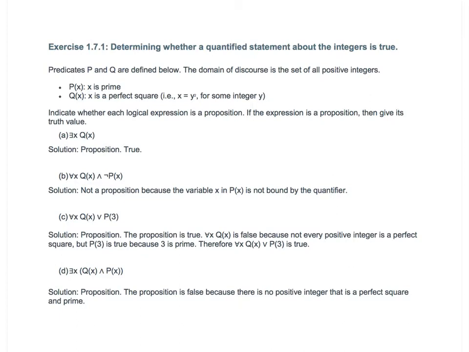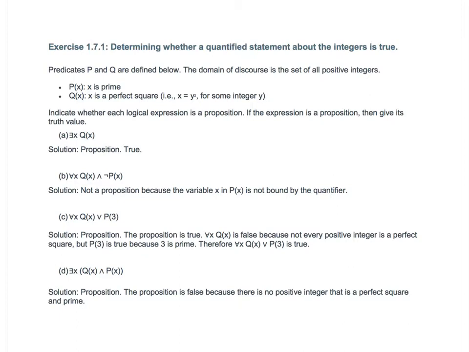So we have a disjunction of two propositions. The left-hand side proposition, which is a universally quantified statement, is false. The right-hand side proposition is obviously true because 3 is a prime number. Therefore, the disjunction of both is true because false or true is true.